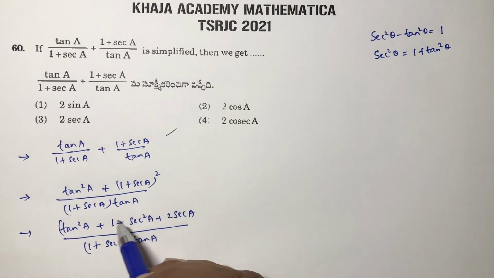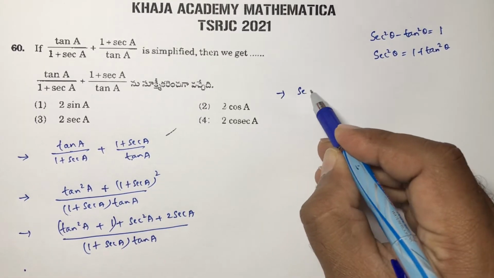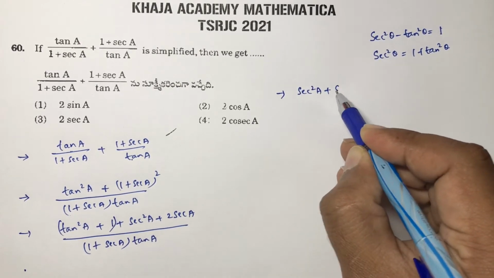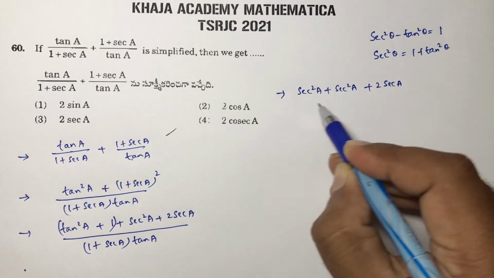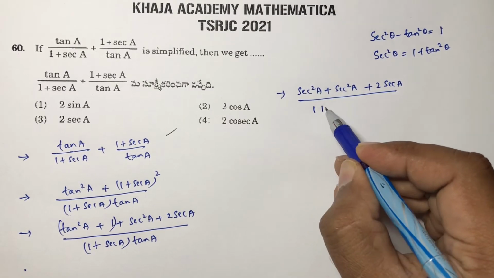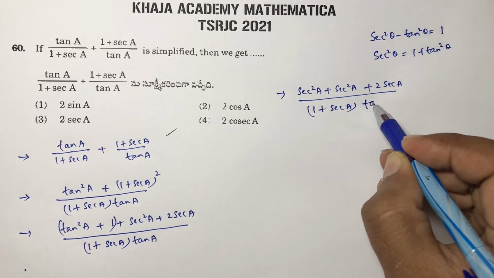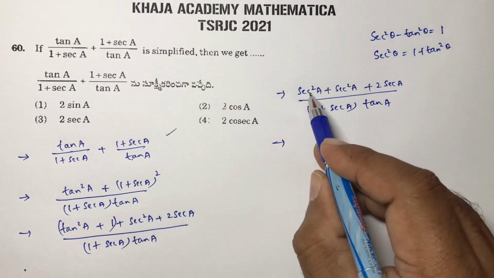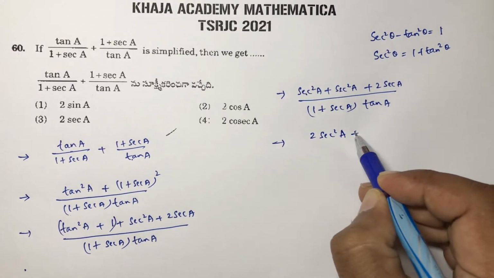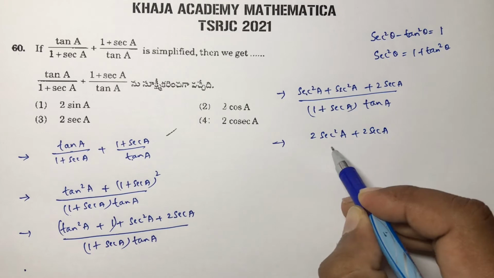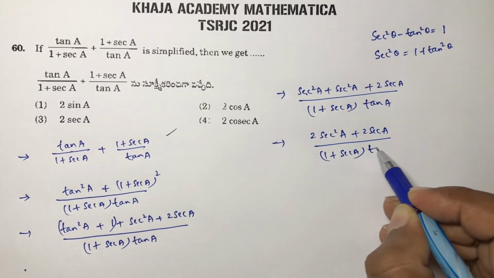So here 1 plus tan square A you can write as secant square A. Secant square A plus secant square A plus 2 sec A by 1 plus sec A into tan A. So sec square A plus sec square A is 2 secant square A plus 2 sec A, by 1 plus sec A into tan A.